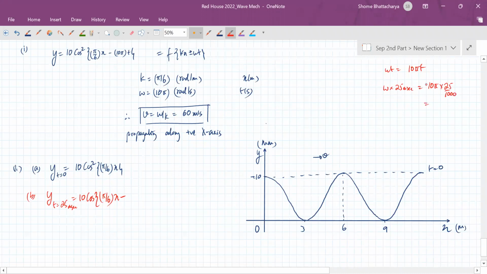So it is pi by 4. Okay, so this becomes minus pi by 4. So the cos square function looks something like this. At 0, the value is cos square pi by 4, so that's half. But for example, at x equal to 3, it becomes pi by 2 minus pi by 4.